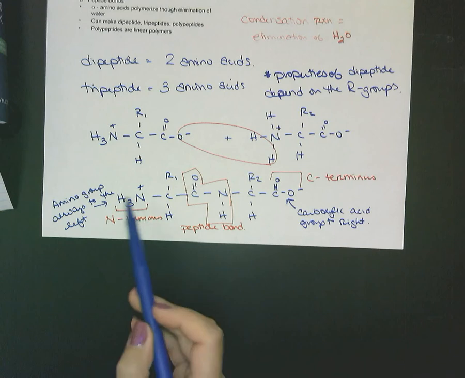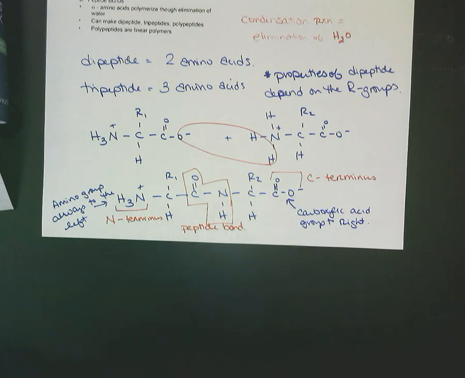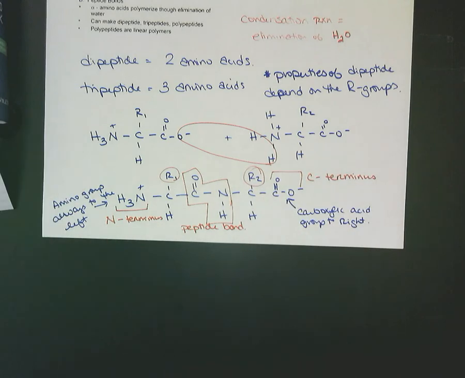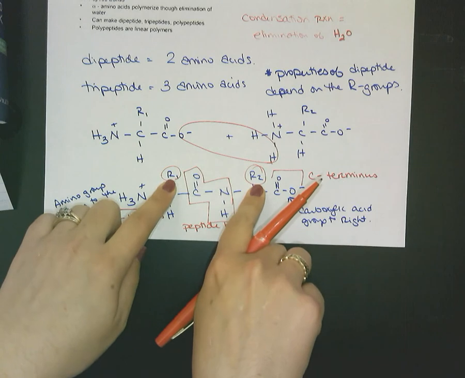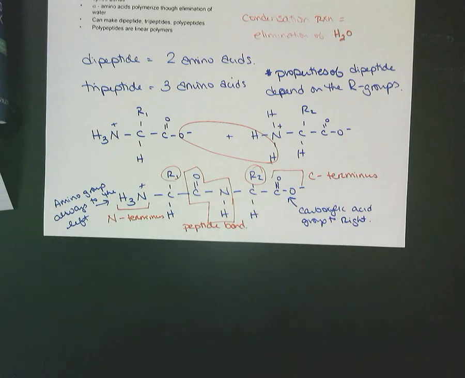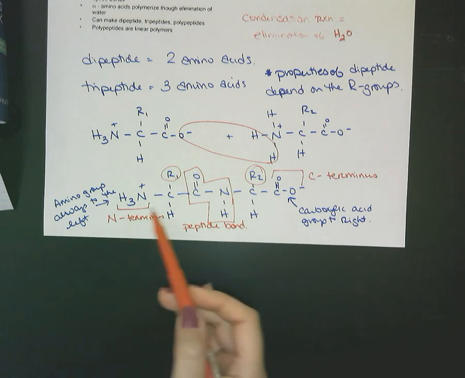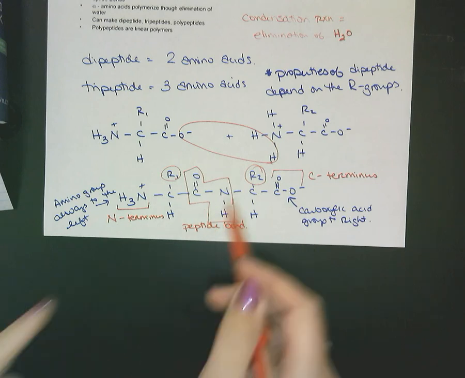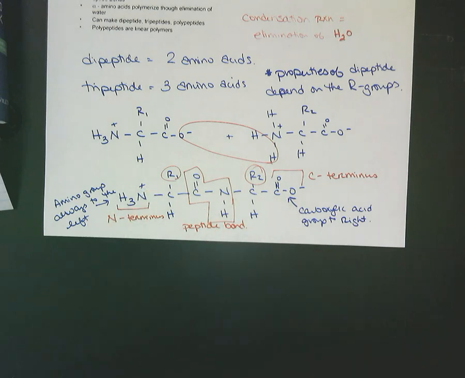Right, so here I have my peptide, and the only two things that really are going to affect what makes this protein different than any other protein and how they interact with another protein are having those R groups sticking out on the edge. Because all proteins will have an N terminus, they'll all have a C terminus, they'll all have peptide bonds, so the only thing that makes them different are these. If you just have one amino acid, it wouldn't matter where you put the amino group. If it's just one, no.